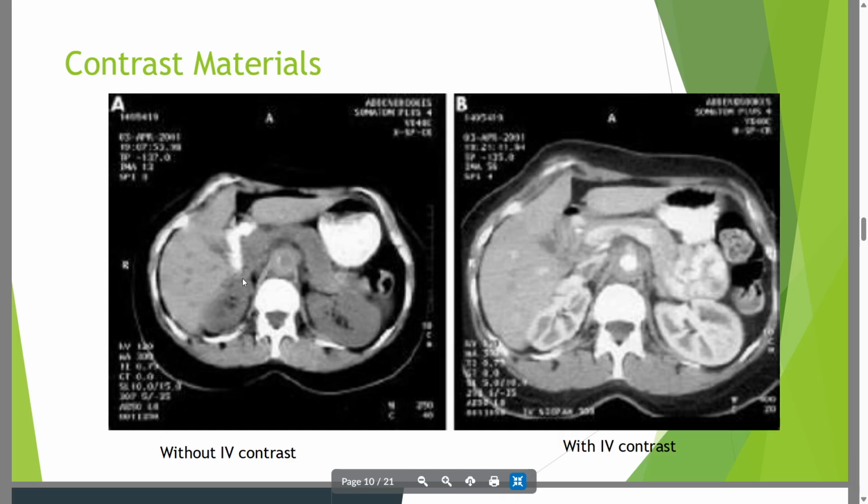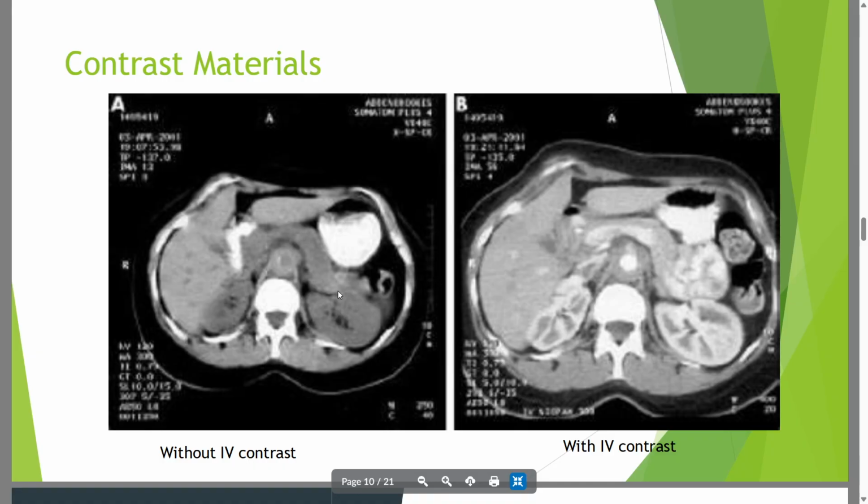This is part of a kidney. This is a kidney. This is the aorta. This is part of the stomach. And then this is the pancreas here. We can see a little bit on either side of the stomach here of intestines.